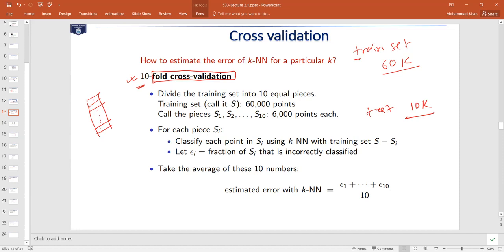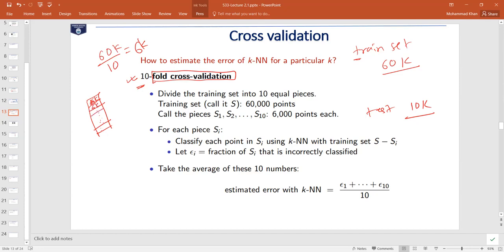So the first piece will contain maybe 6,000 images, because 60,000 divided by 10 means each piece will contain 6K images. The second chunk will contain the next 6,000 images, and so on.